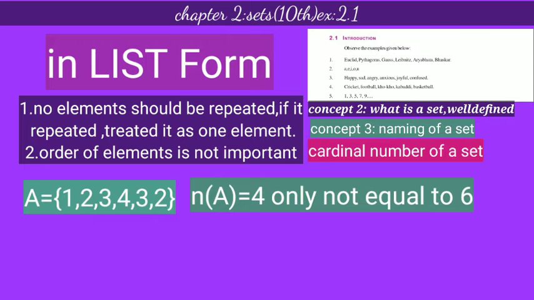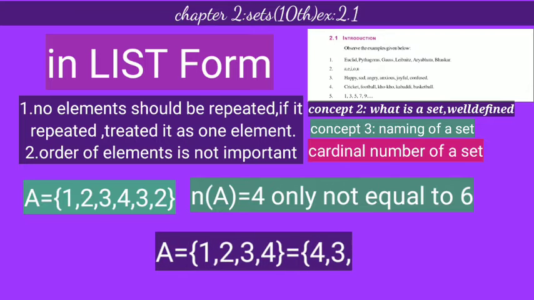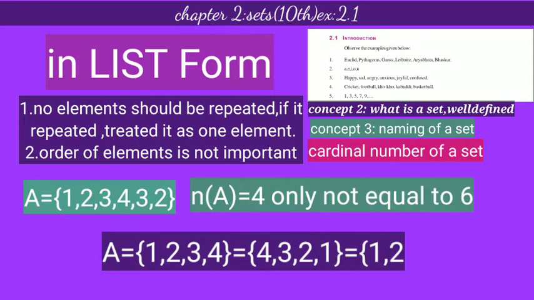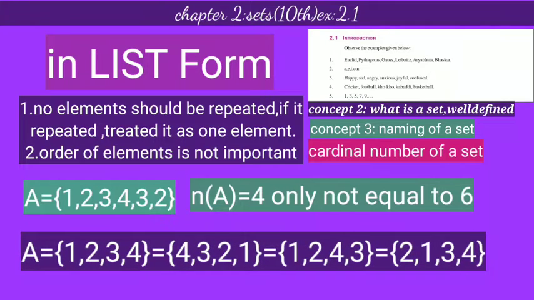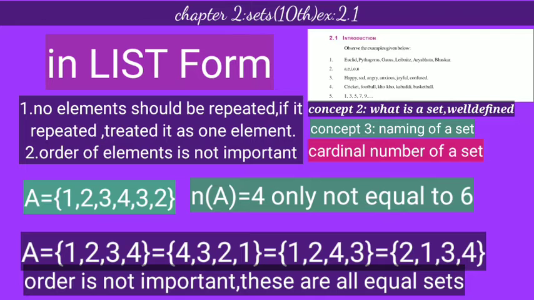And one more thing is, while writing the list form of a set, the order of elements is immaterial. Suppose we can write A as {1, 2, 3, 4} or as {4, 3, 2, 1}, {1, 2, 4, 3}, {2, 1, 3, 4}. So we can write A equal to {1, 2, 3, 4} in 24 ways. When we change the order of elements in a set, it doesn't change that particular set.